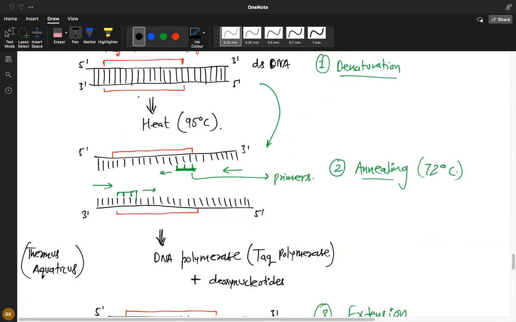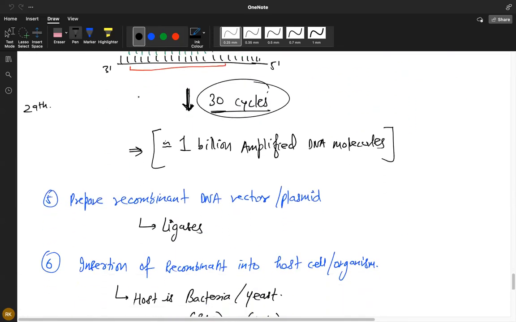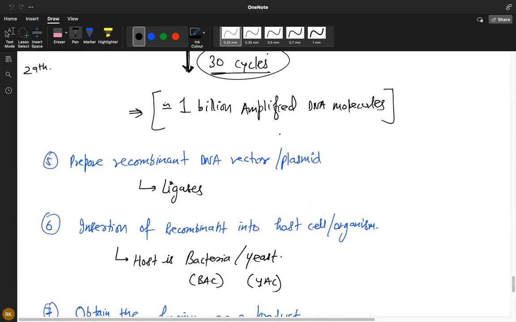Yes, correct. You can see that over 30 cycles, if you start with one DNA, you get lots of copies, around 1 billion.